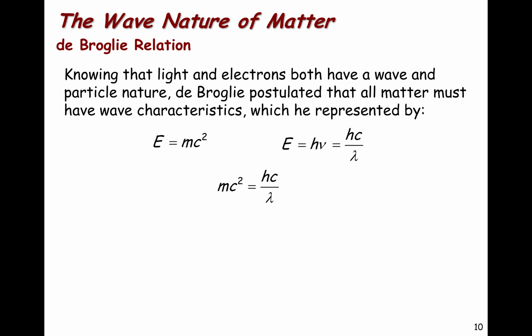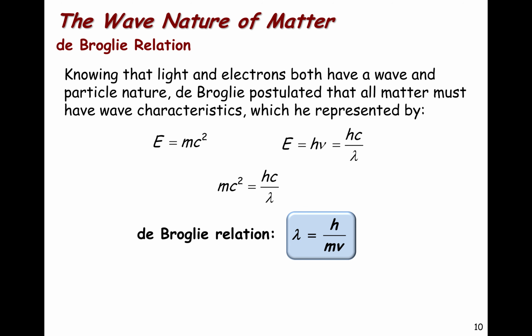one of the c's on both sides, and for a particular particle having some mass, typically it is not moving at the speed of light but something slower, so we would replace the symbol c with a v to represent the velocity.